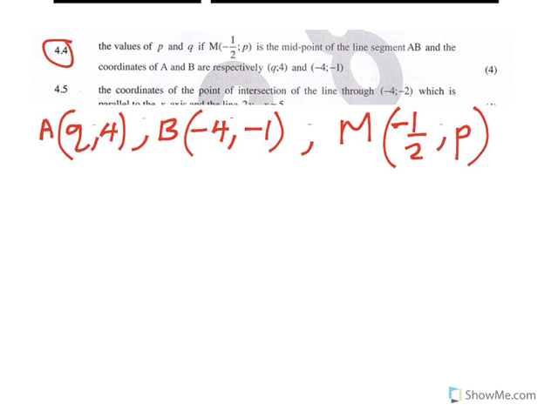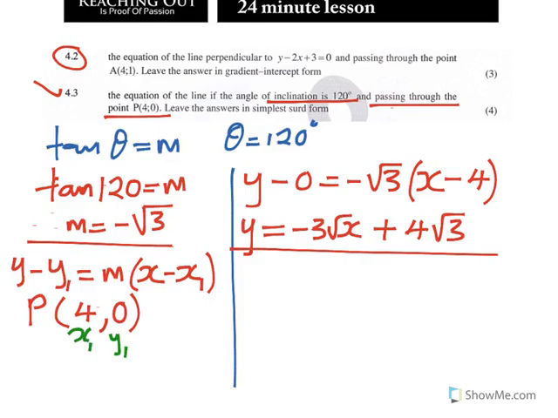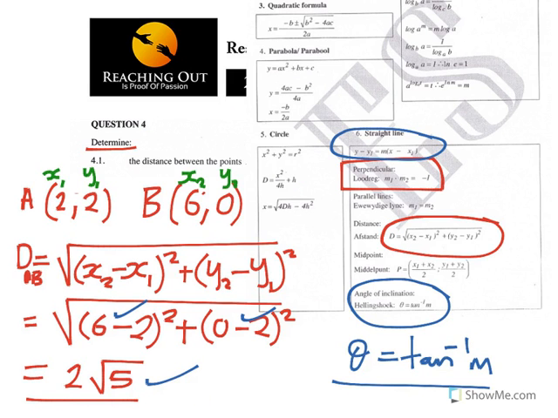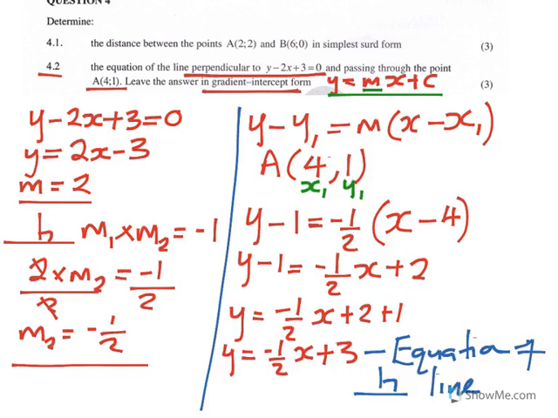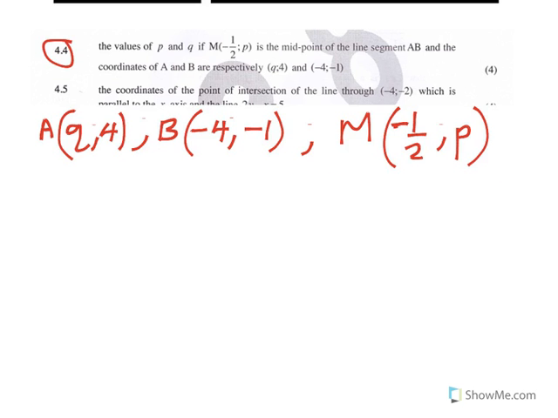So now what do we do? We have to use the midpoint formula. Now if you go to your formulas, let's check if there is a midpoint formula. Yes, there is a midpoint formula. It says ((x1 plus x2) over 2, (y1 plus y2) over 2). That is the midpoint formula that you are supposed to use.